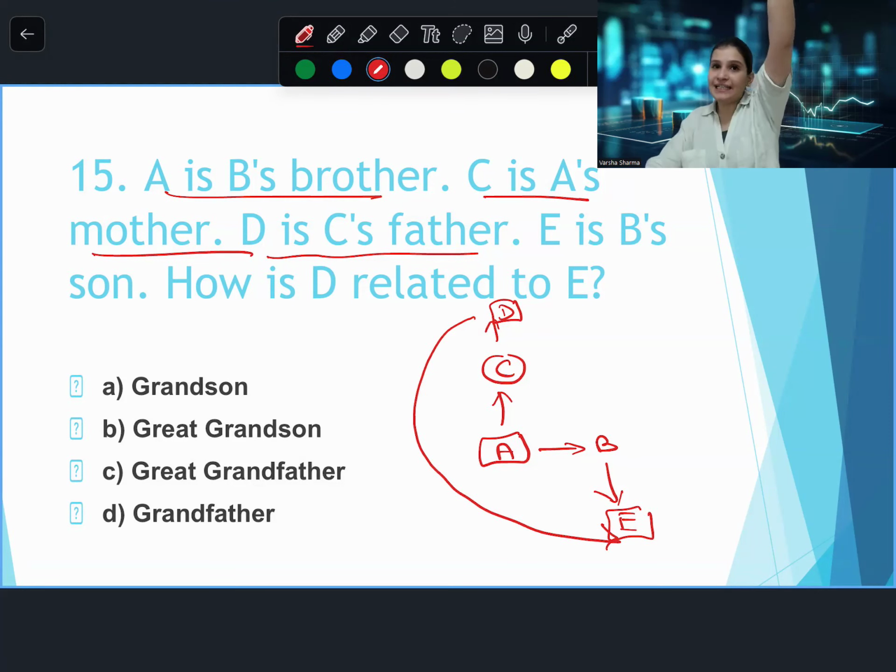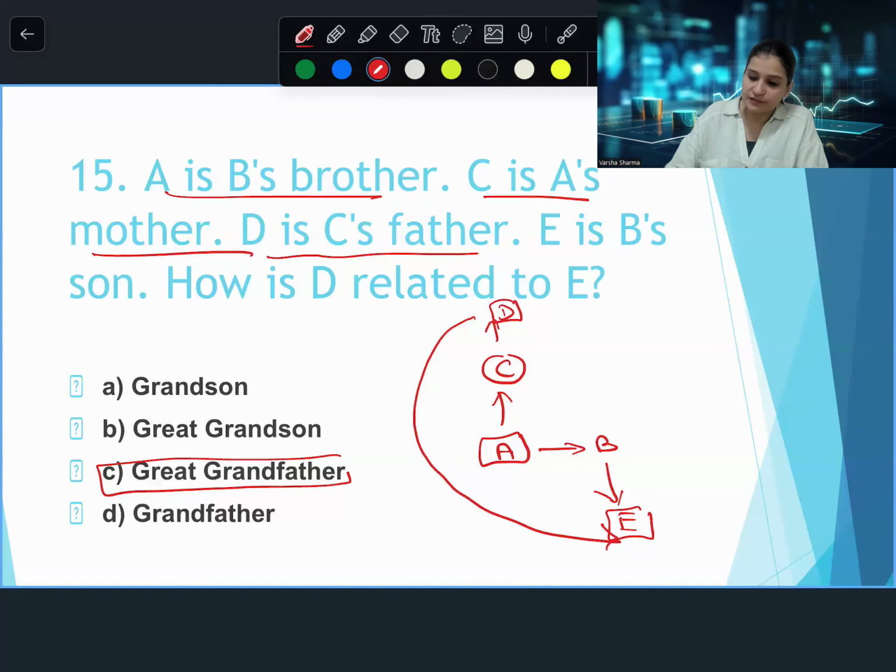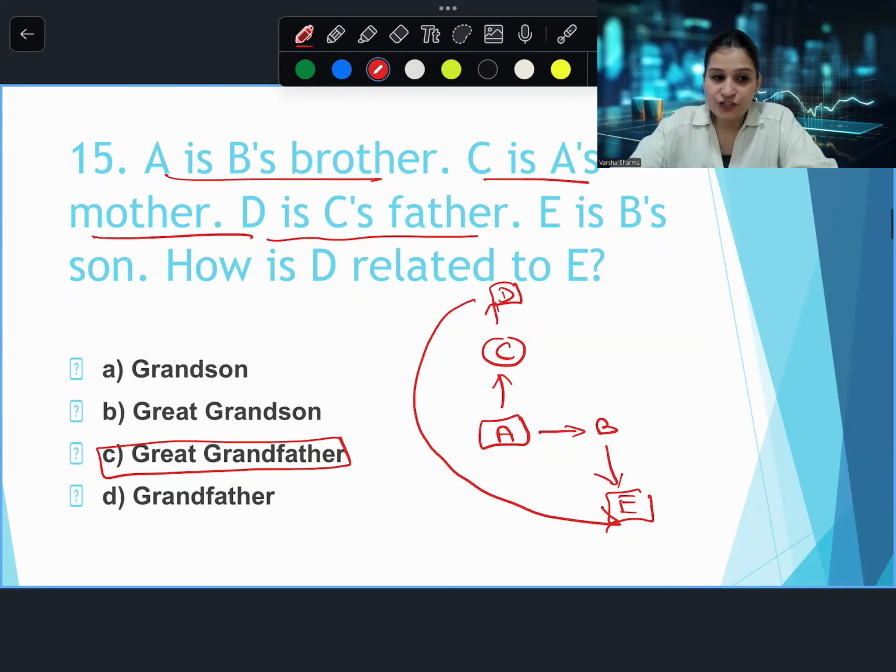We are talking about D. So grandfather. If it would have been E, it would be great grandson. So D is great grandfather. Yes? Any doubts till 15? No, ma'am.